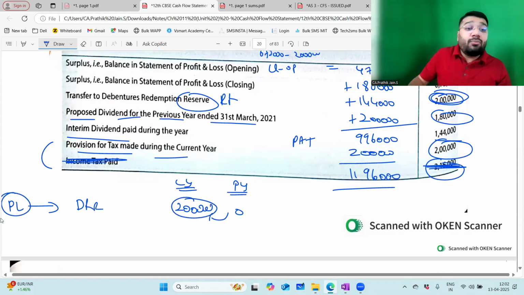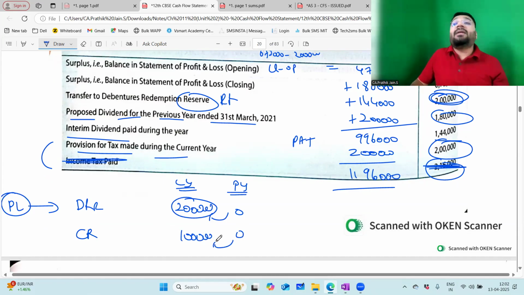Now there's one more reserve called CR, capital reserve. Opening balance 0. Closing balance became 1 lakh. How did this money come in capital reserve? Sir, there was some share I forfeited and then I fully reissued. So the forfeited amount which is there, I will have to transfer to capital reserve. So 1 lakh was the amount, that I transferred to CR.